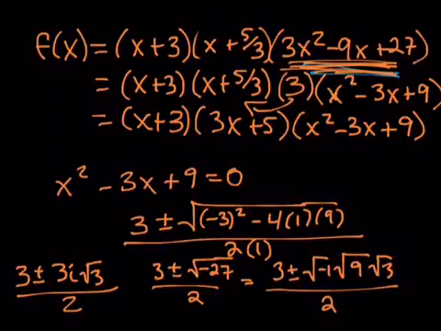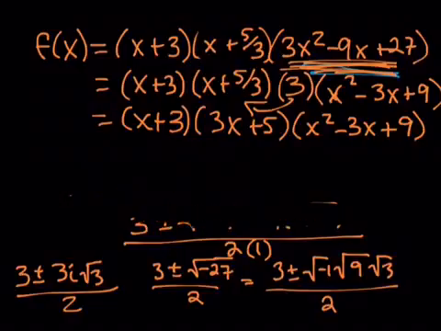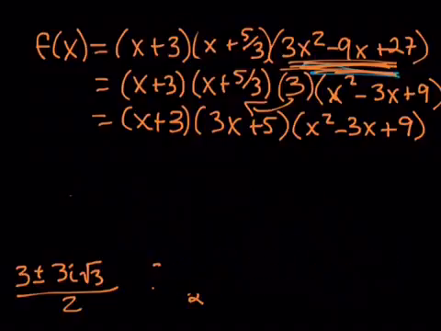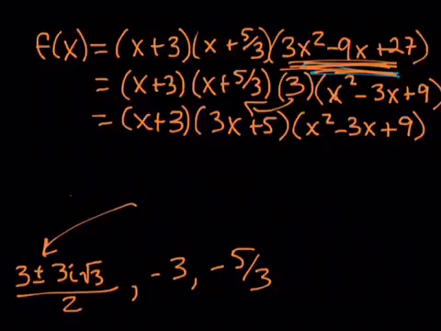Okay, so then all together we would have 4 complex zeros, we already knew that, and they would be negative 3, negative 5/3, and then you've got two roots here, (3 plus 3i root 3) over 2, and (3 minus 3i root 3) over 2.